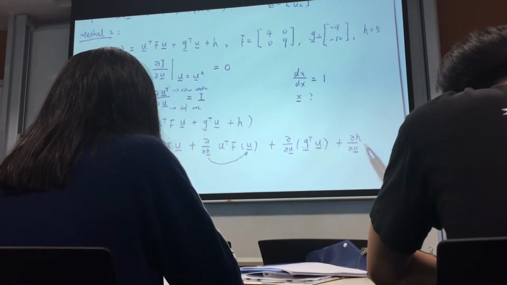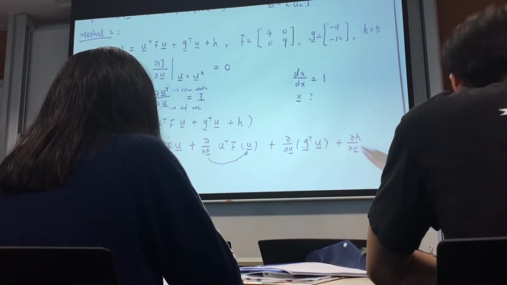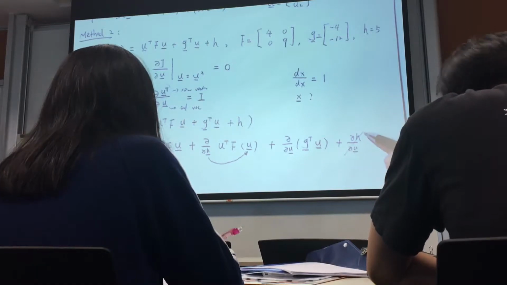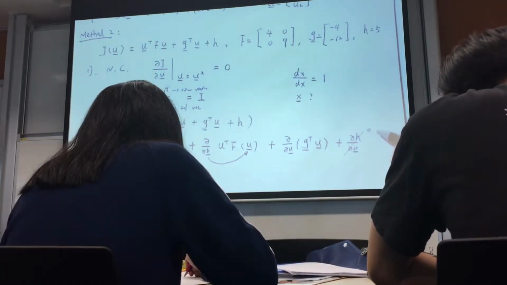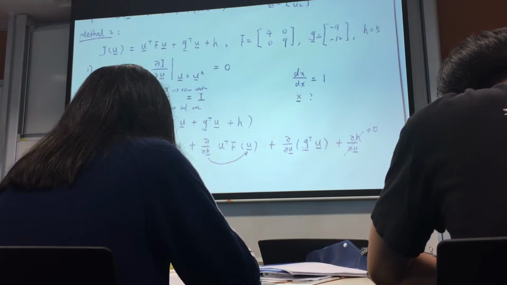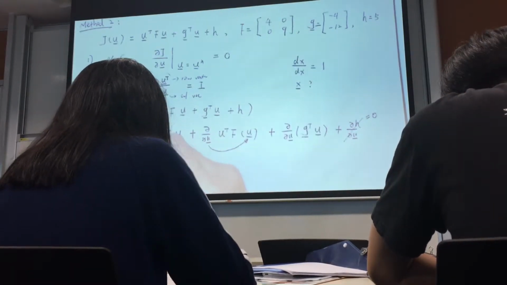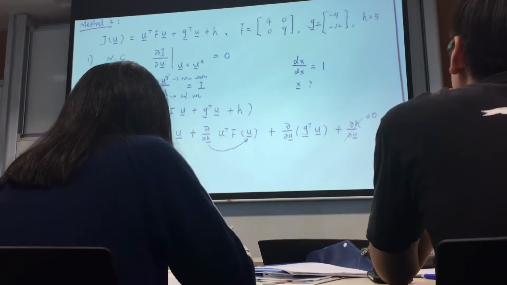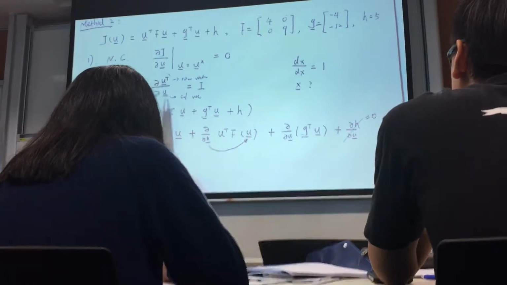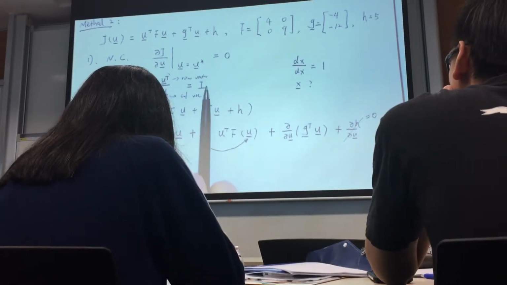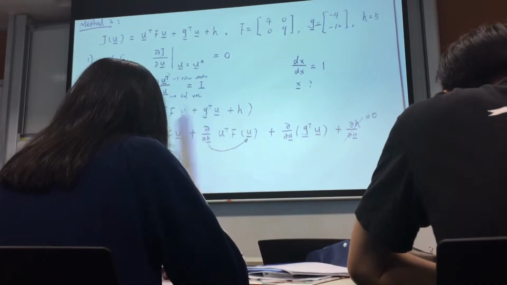So the h is simply a constant, so this will be equal to 0. For the first one, the derivative of u transpose with respect to u, we have defined this to be the identity matrix.